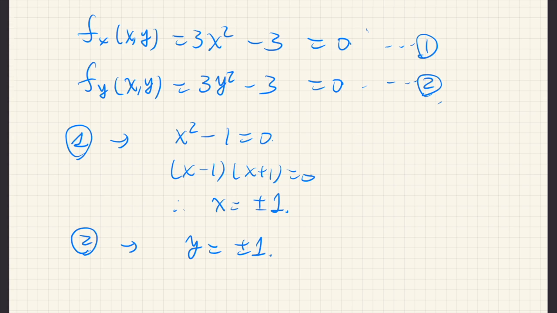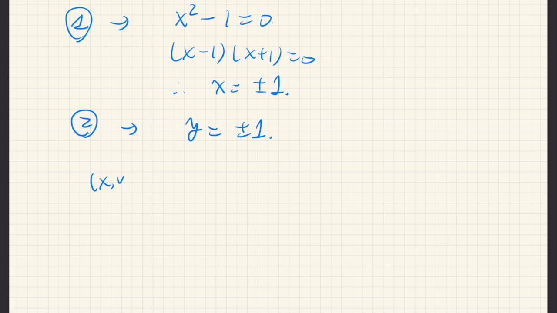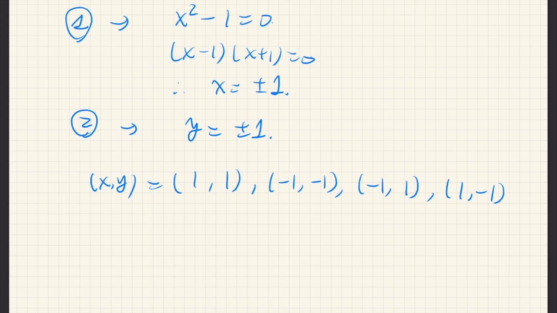So in combination, (x, y) equals either (1, 1), (negative 1, negative 1), (negative 1, 1), or (1, negative 1). So we have 4 possible points. These are the candidates for extreme value points.